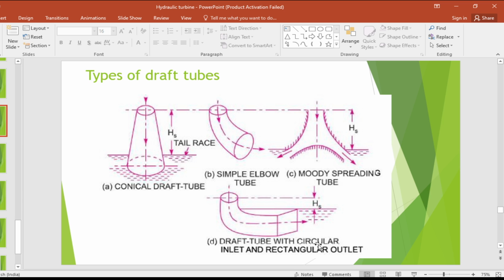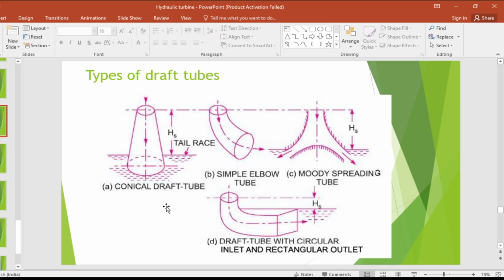The space they require is less than the conical draft tube and Moody spreading tube. And also the Moody spreading tube and the conical draft tube are more efficient, and these two, simple elbow and draft tube with circular inlet and rectangular outlet, require less space.